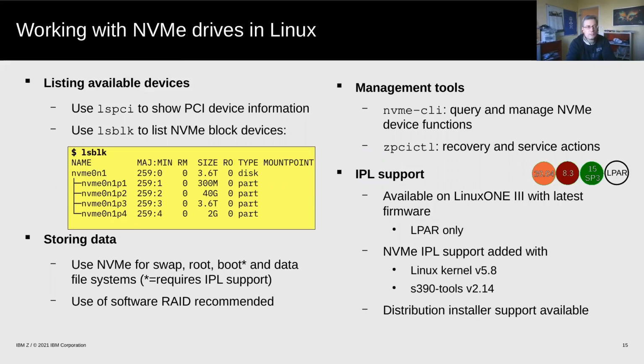IPL support came a little bit later, so that's available in Red Hat 8.3, SLES 15 SP3, or Ubuntu 20.04. So we are a little bit stricter in terms of required Linux distribution support here. Other than that, the experience should be pretty flawless, especially since we have Linux distribution installer support available, which should give you a very smooth installation experience.